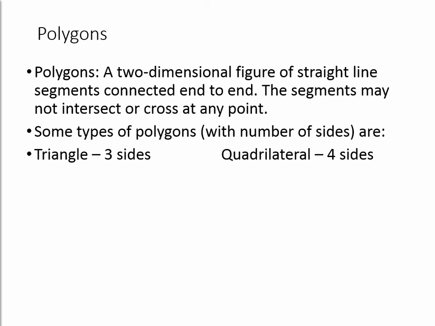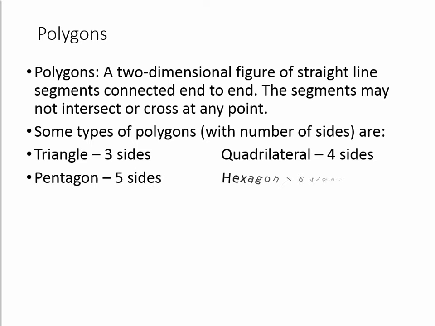So quadrilateral, 4 sides. In the quadrilaterals we have rectangles, squares, trapezoids, the thing that looks like a diamond, which we call a rhombus, and kites, the toy people fly with a string. It's a geometry figure that was made into a toy. All those are quadrilaterals.